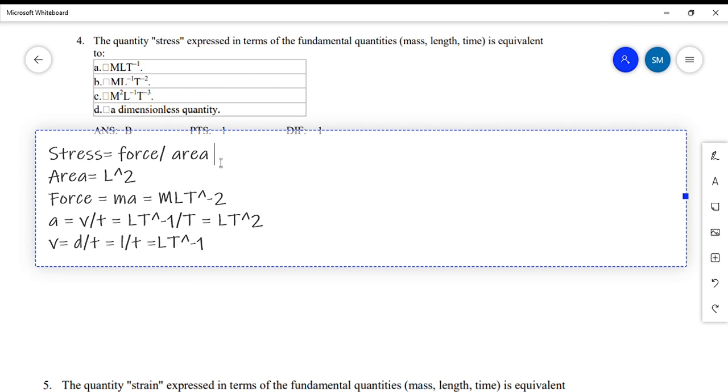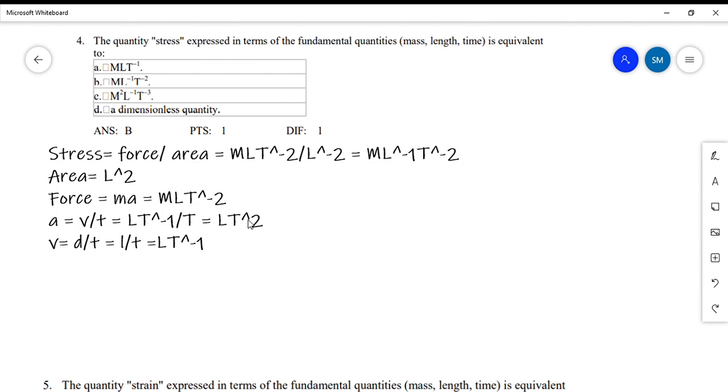So now we can note the dimensional formula for the stress is equal to the dimensional formula for the force, which is M L T power -2, over L power 2, the dimensional formula of the area, which is equal to simply M L power -1 T power -2. So the answer is B. Very easy question.